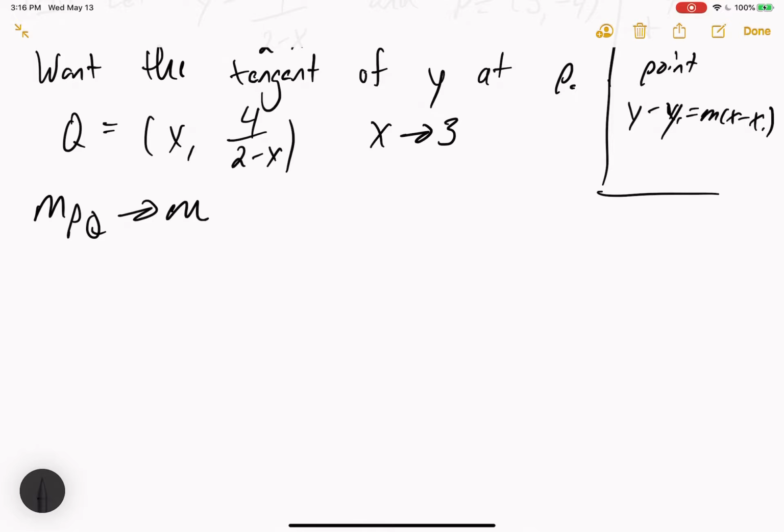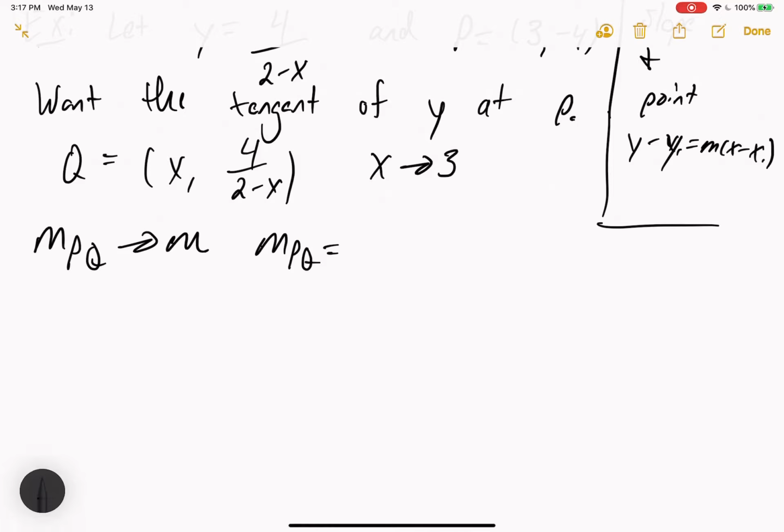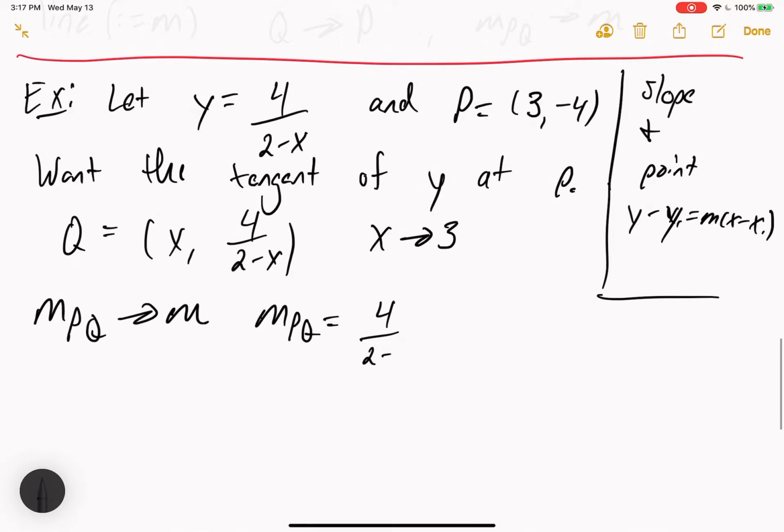There are a few different ways to do it, but I like to just write out the equation for it. So mpq, which we said is y1 minus y2 over x1 minus x2, will be 4 over 2 minus x, minus 4, all over x minus 3.